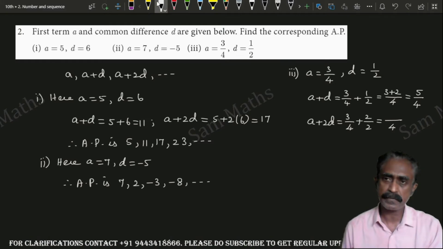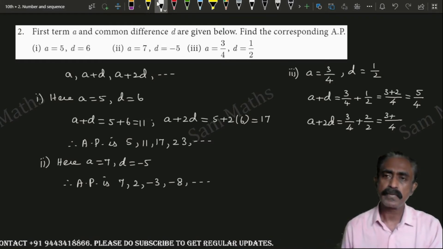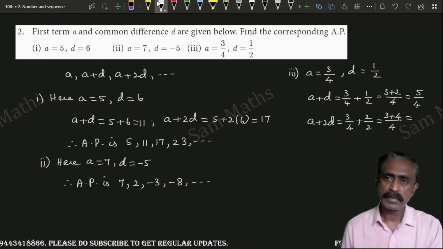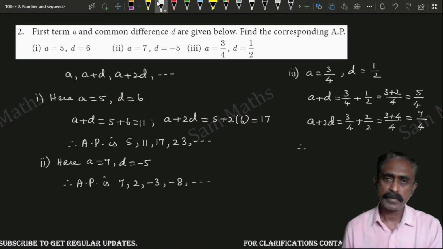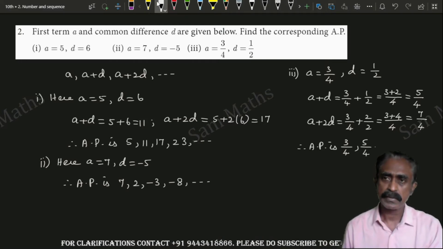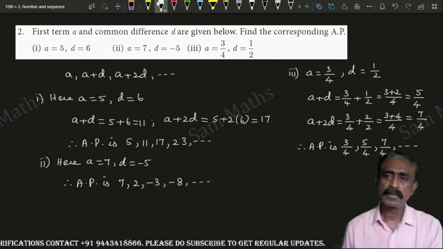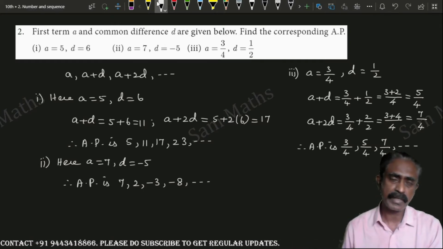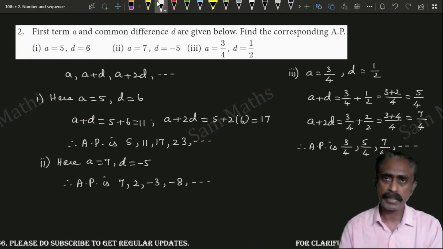Now 4 is the LCM. We are getting 3 plus 4, that is equal to 7 by 4. Therefore, AP is first term 3 by 4, second term 5 by 4, third term 7 by 4, and so on. Like this, if they are giving A value and D value, you can obtain the required AP.